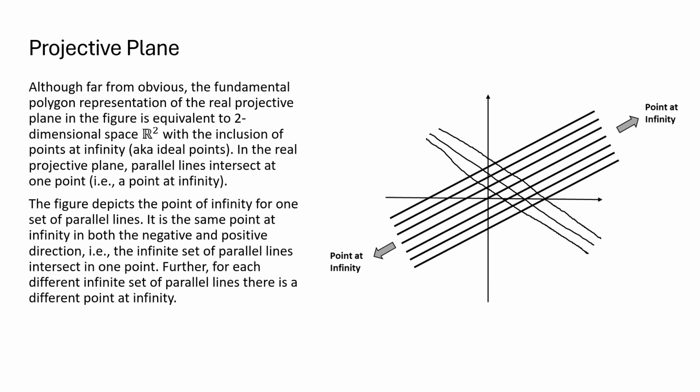So for each infinite set of parallel lines, you have a different point at infinity. And when you put all those together, the plane itself, and then all these points at infinity, one for each of the infinite number of slopes, you get what's called the projective plane.